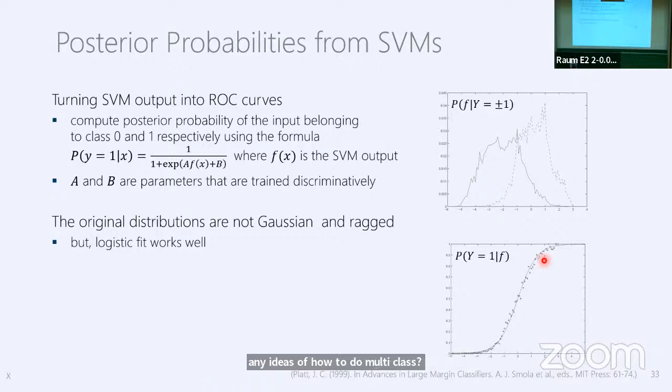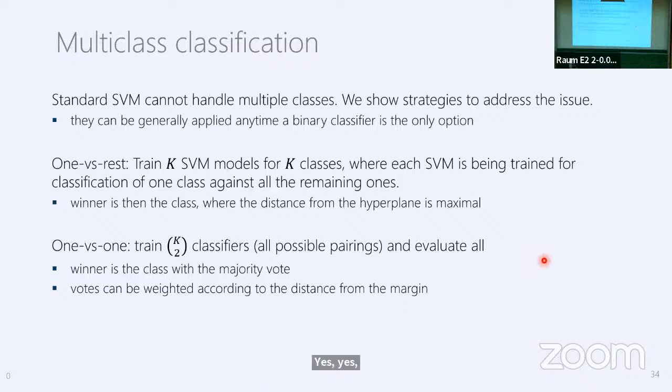Yes, exactly. So this is a very general solution. Whenever, for whatever reason, we only have a thing that can do binary classification, but I have a multi-class problem, I can do these transformations. One transformation is exactly what you suggest. It's this one versus rest. So instead of training a single model, I train k different models.